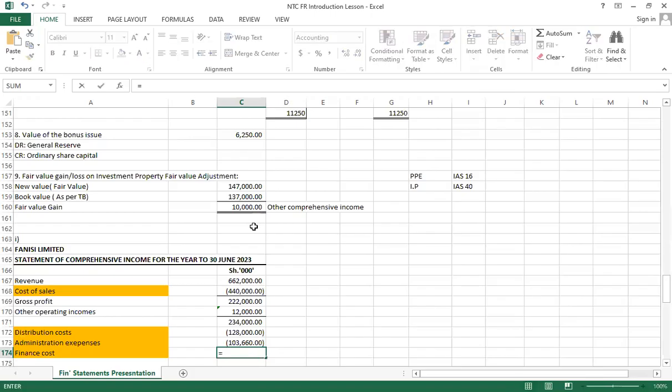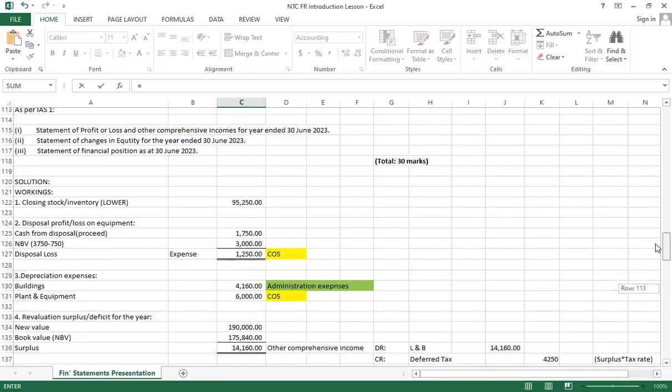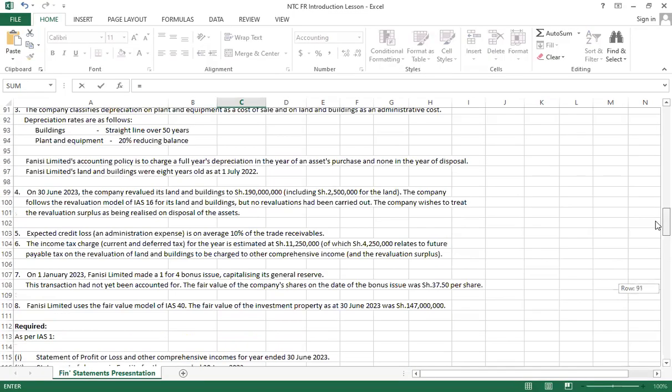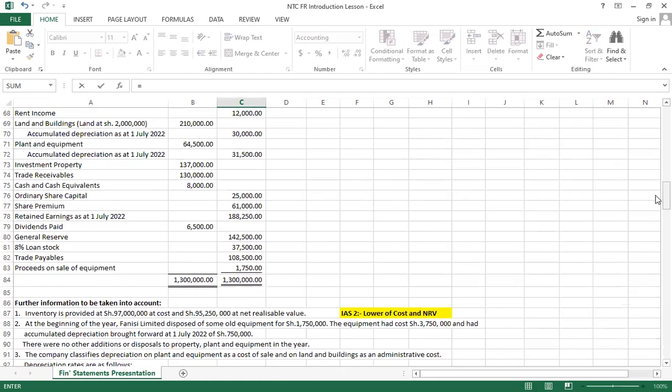The last expense category is the finance cost. For the finance cost, you have to look for the loan on which we are computing it. Look at the trial balance, the last item we have is a loan. We have the 8% loan stock, and that means the finance cost is the interest on it.